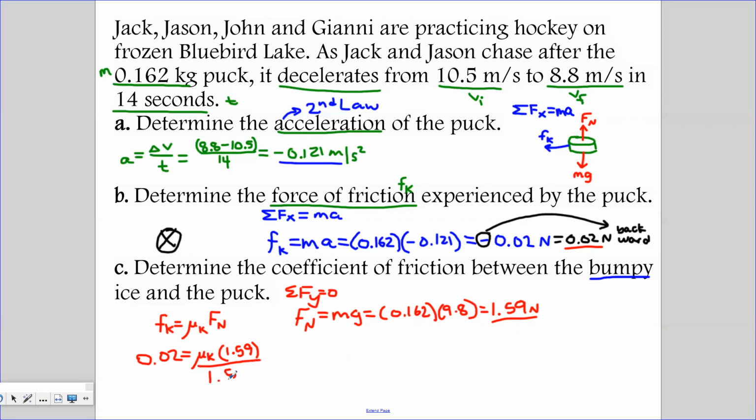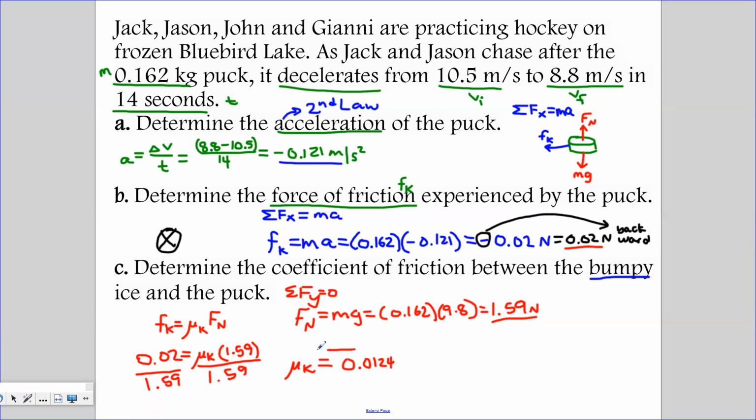That way I'm not really rounding until the end. So divide that over to the other side, and we're going to get a really small number because it's ice. And we get 0.0124.